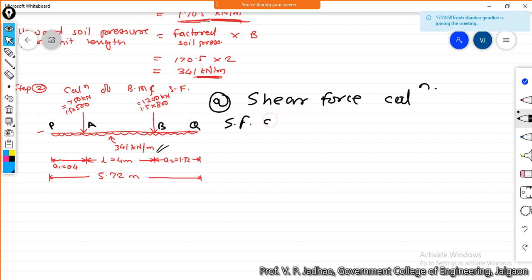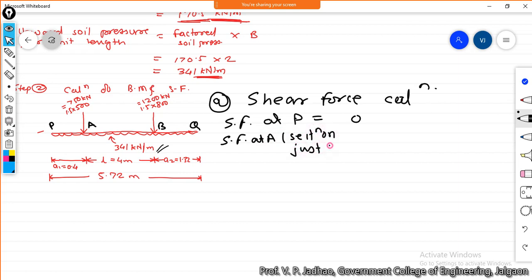So shear force at P will be equal to 0 definitely, because there is no load on the left hand side of P. Shear force at A, assuming that the section is just on the left hand side of A, will be positive: the shear force of this 341 kilonewton per meter load multiplied by this particular distance, which is 0.4 meter.